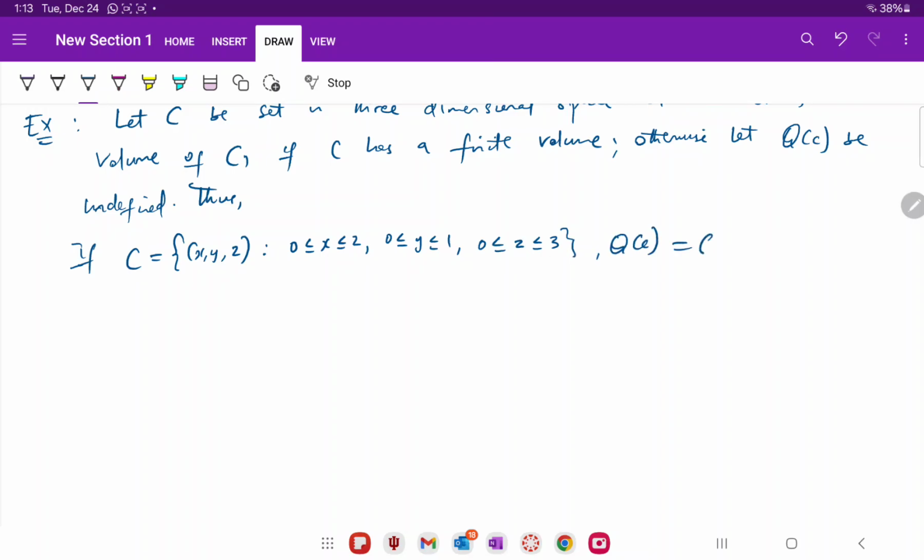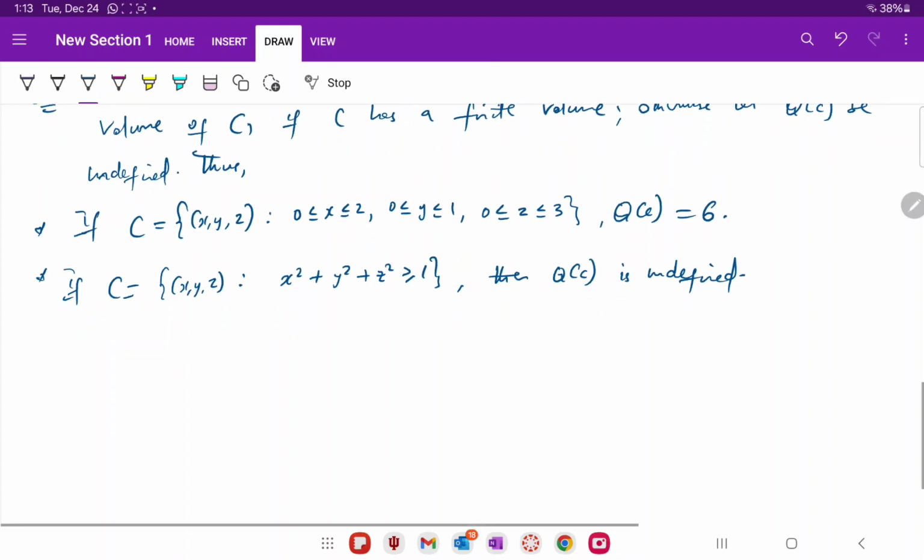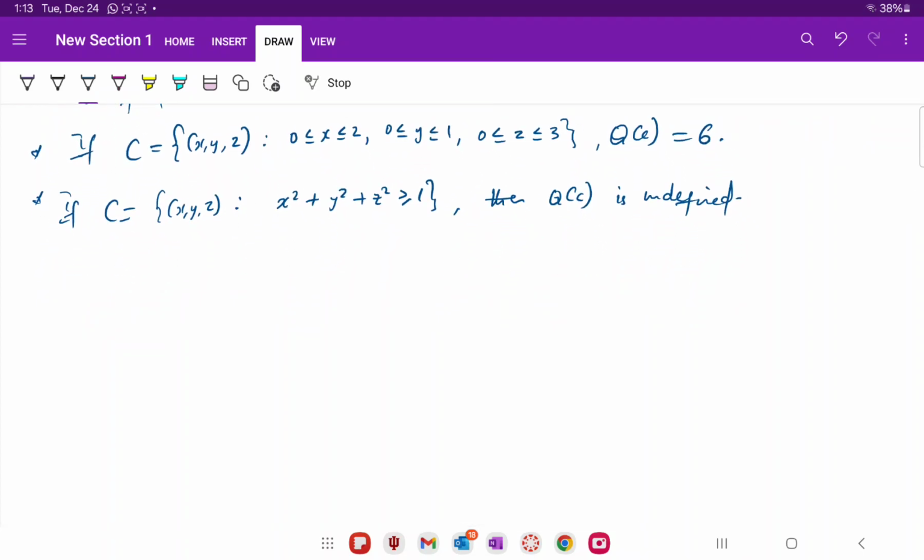Now if C is given to be x squared plus y squared plus z squared greater than or equal to 1, since this is greater than or equal to 1, then this is undefined because the volume is not finite. Alright, so let's go to set functions that have to do with integrals and sums.